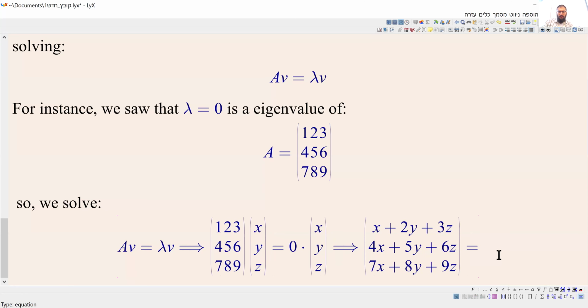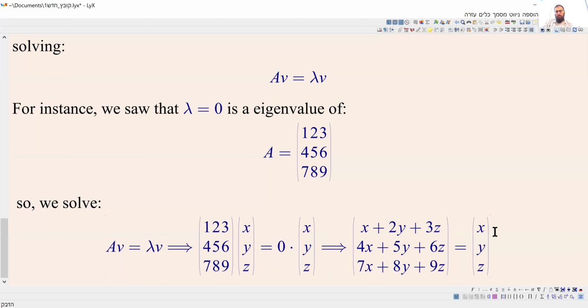And on the other hand, just zeros. So we have a system of 3 equations with 3 variables. It's a linear one, of course, and we know how to solve it.